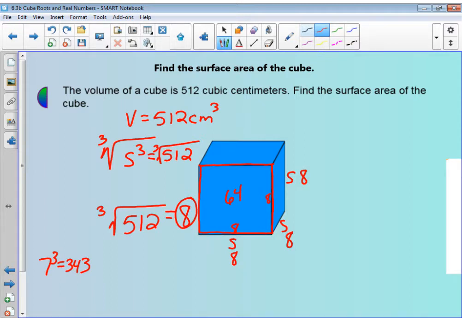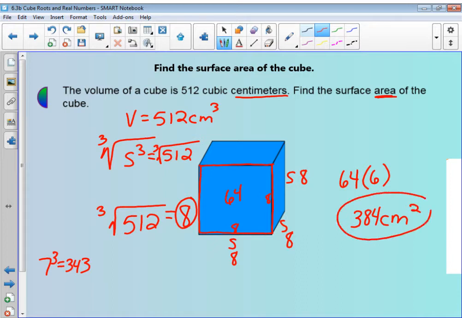So to get our final answer, we're going to do 64 times the 6 sides that are there. And that gives us 384. Units were centimeters, and we are working surface area, so it's squared. So your final answer is the surface area of this cube is 384 centimeters squared.